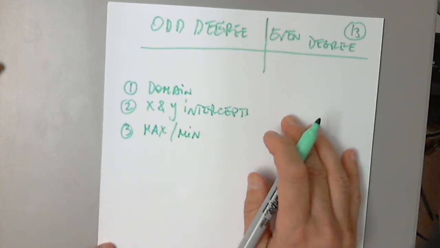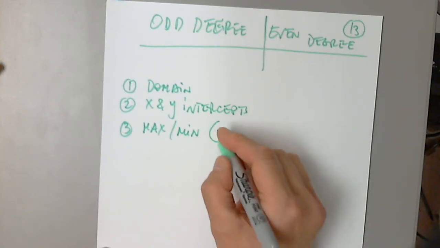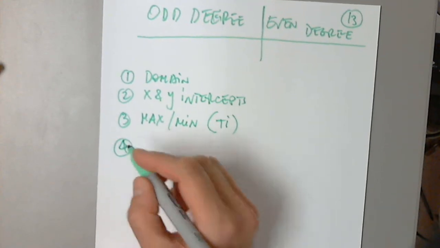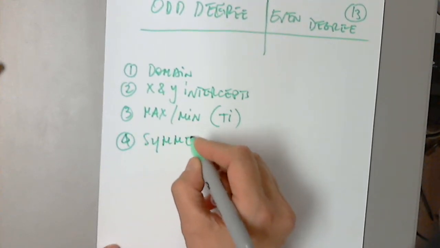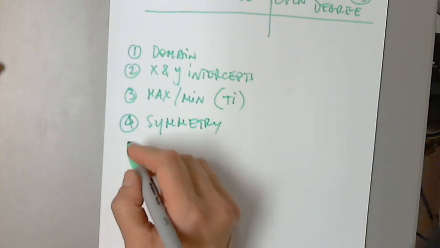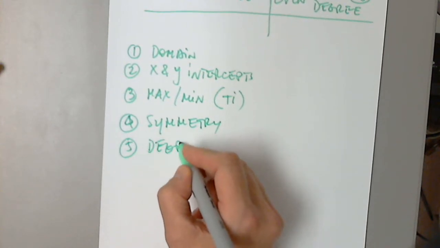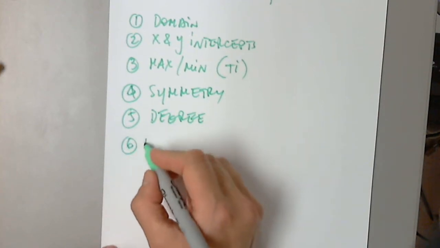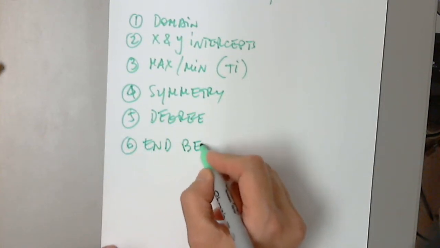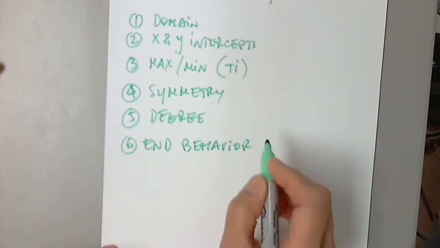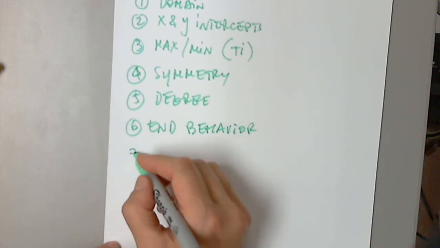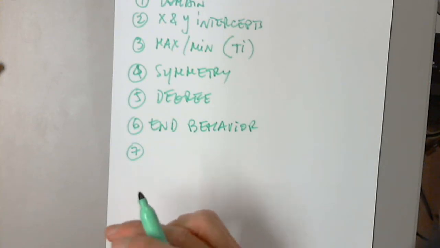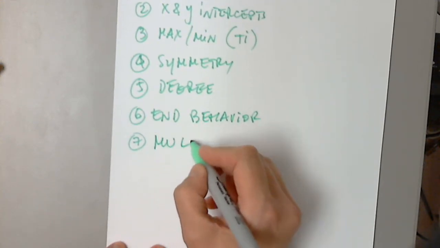However, we don't have the power calculus has, so this is only with TI. 4, symmetry. 5, degree. 6, end behavior. 7, multiplicities.